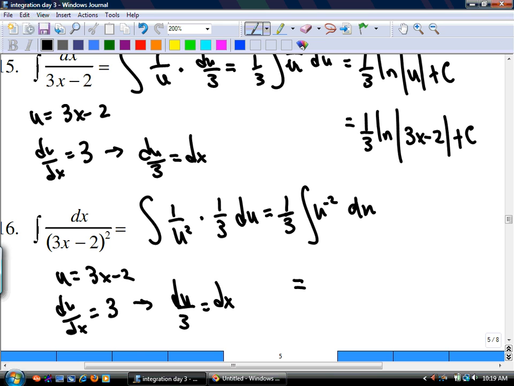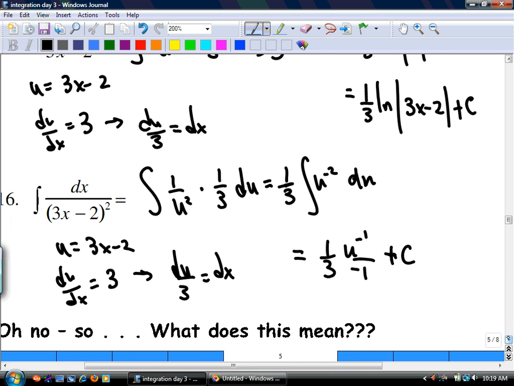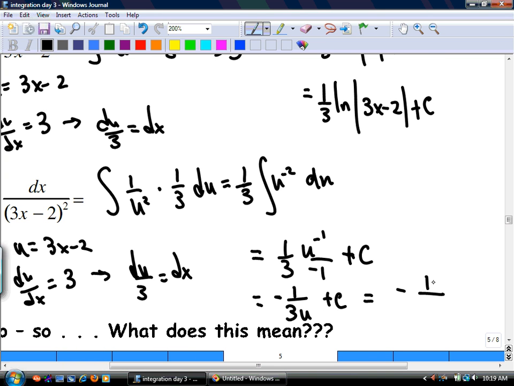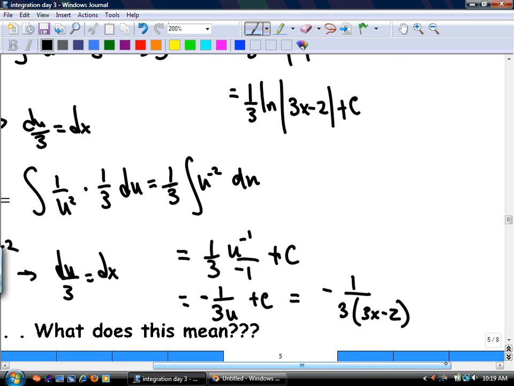Add 1 to negative 2, negative 1. Divide by negative 1. So the answer is negative 1 over 3u plus c. Oh no, what does this mean? It means you need to be careful.